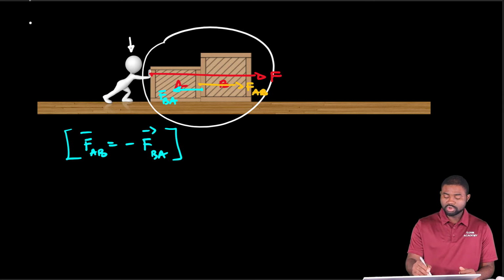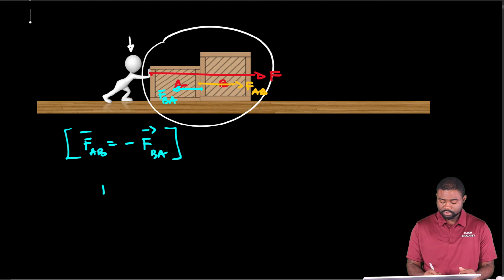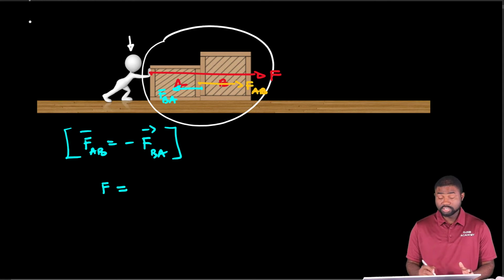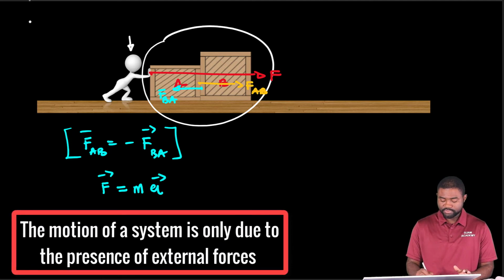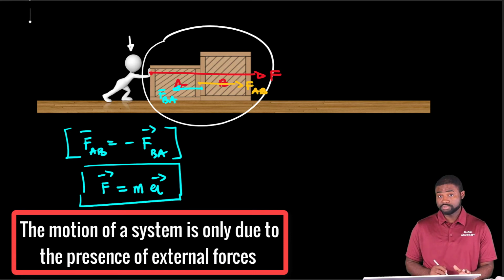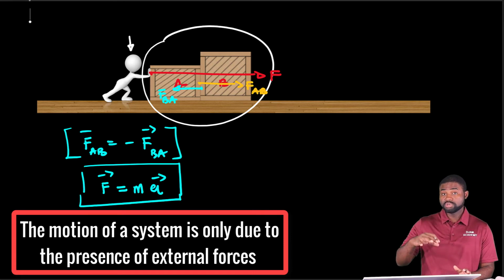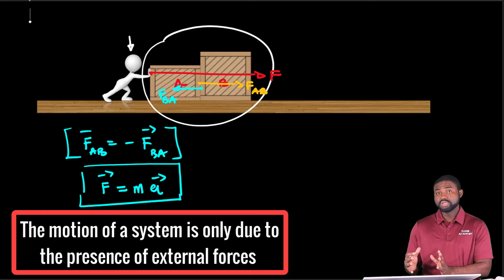So the motion of our system per se is only due to the external force F. And by Newton's second law, the net external force acting on our system is equal to the mass of our system multiplied by its acceleration. This is the statement of Newton's second law of motion. In other words, the motion of a system is really due to the external forces acting on that system.